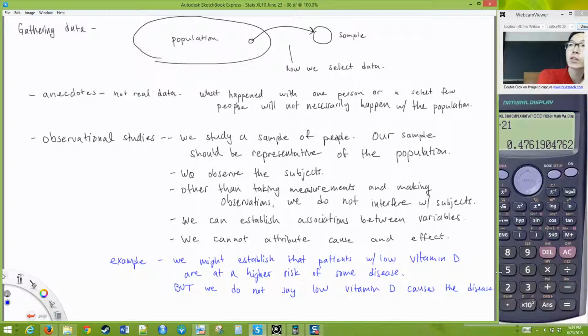Yes, question? For an observational study, does it have to take place in the subject's natural environment, or can it take place in a lab, or does that not matter at all? It can take place in a lab. It can take place in a controlled environment. That's also fine. But in general, with an observational study, you don't want to interfere with the subjects other than taking the measurements.